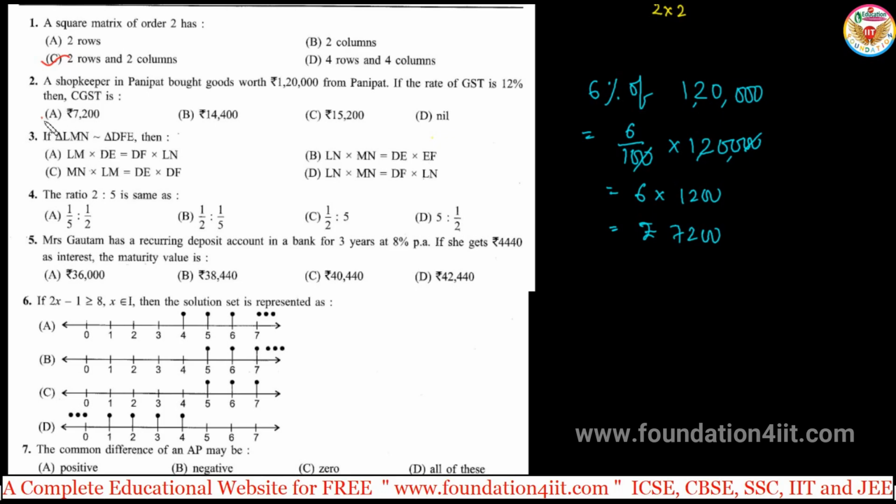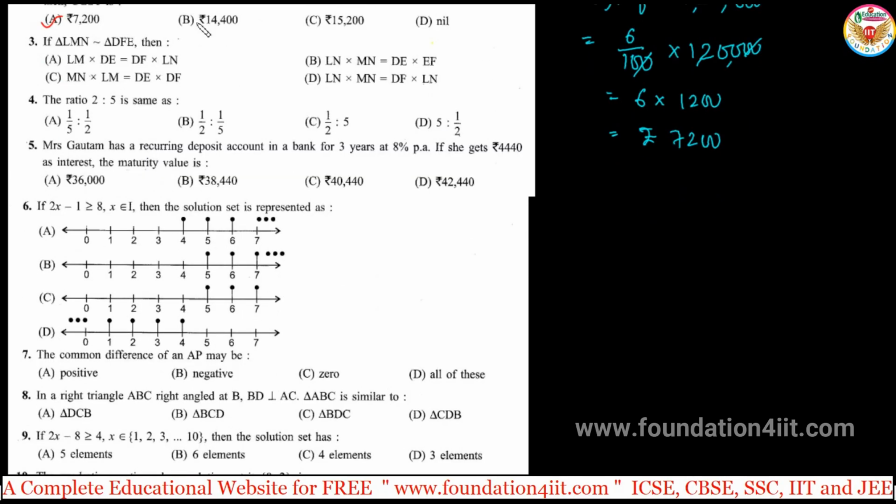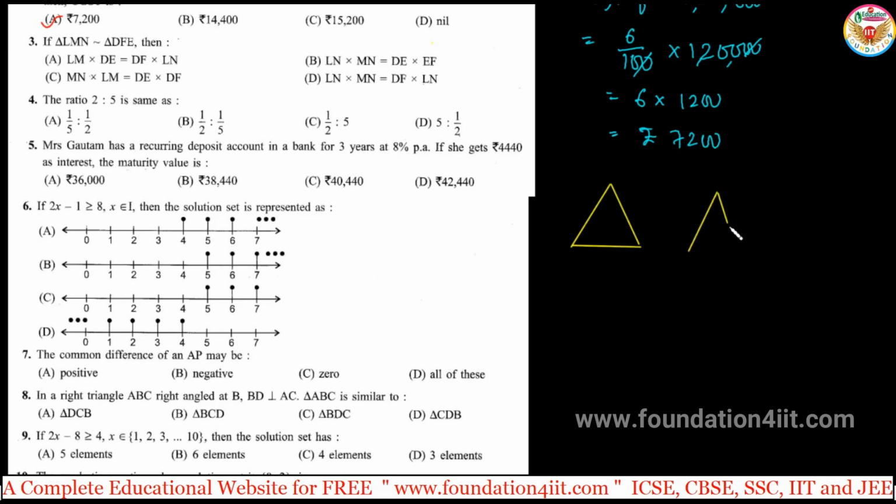7,200 is option A. Third one: if triangle LMN is similar to triangle DFE. Whenever two triangles are similar, remember corresponding sides are in the same ratio. So based on that, we need to take the step. Same concept you can apply to other problems.